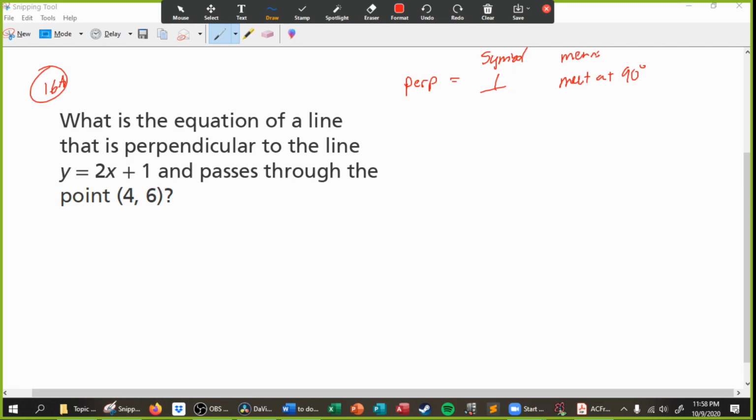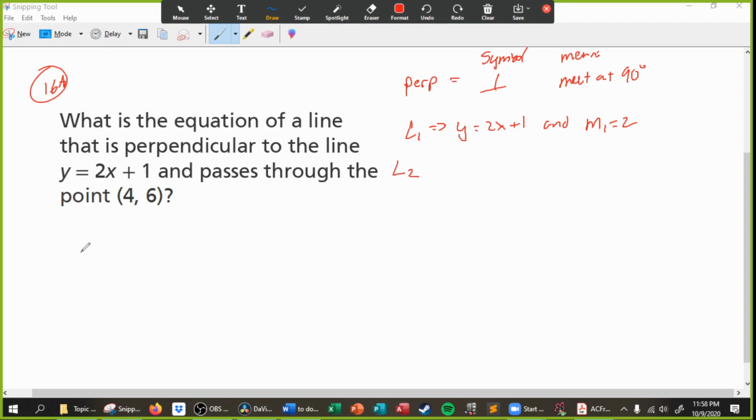So first thing we must know is that line 1 is y equals 2x plus 1. And looking at this, that means our first slope is just 2. So m1 is equal to 2. And we need line 2 to be perpendicular.